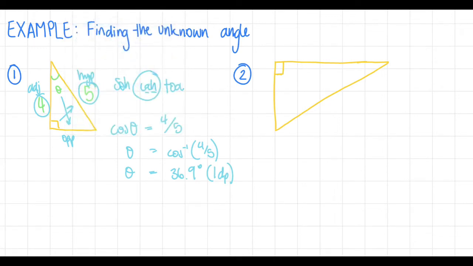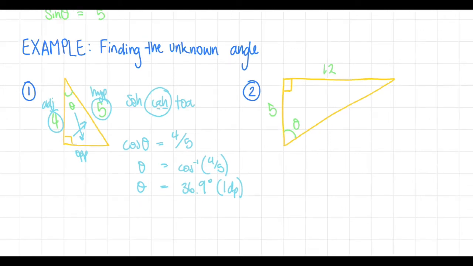So let's have a look at triangle 2. If we take this as our unknown angle theta, and I say, okay, well, this is going to be 5 and this is 12. First thing we want to do once again is label our triangle. So this is the hypotenuse, this is the opposite, and this is the adjacent. So taking SOH, CAH, and TOA, we can see we have the opposite and the adjacent.